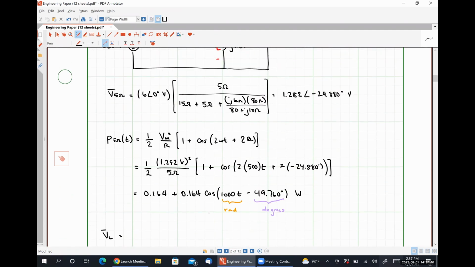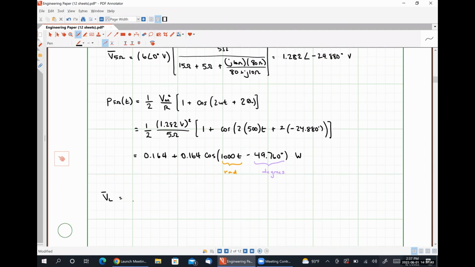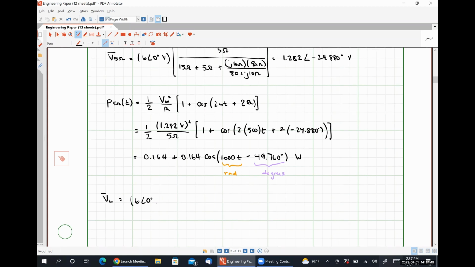So we're going to have, goodness, screen's getting away from me. 6 angle 0 degrees volts times j10 times 80 over 80 plus j10.